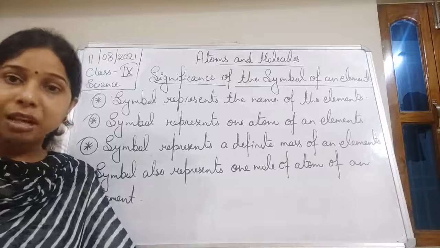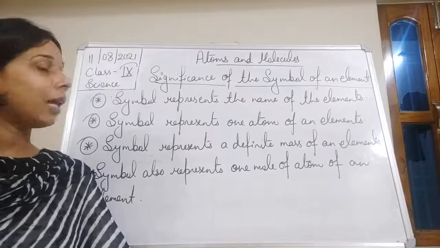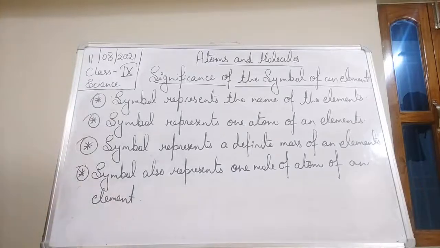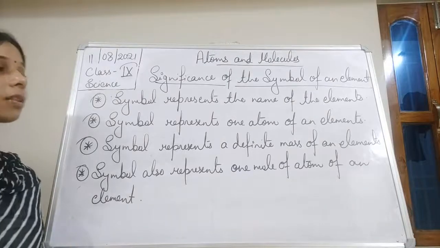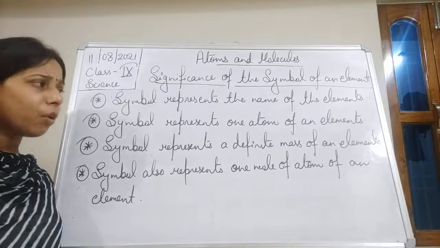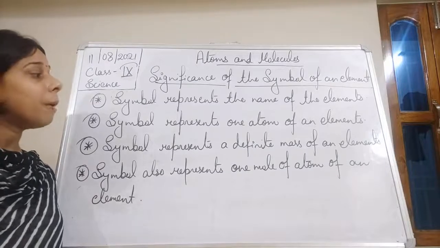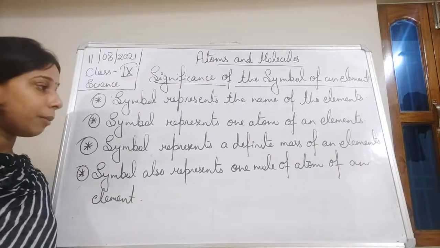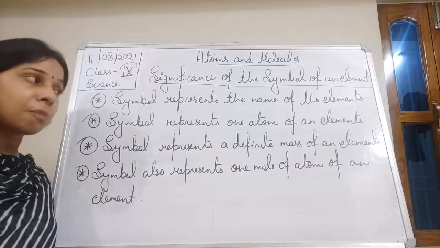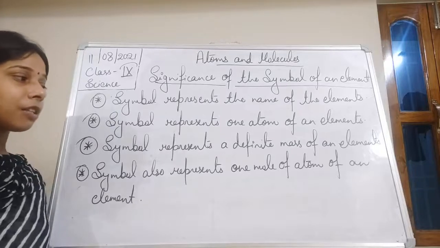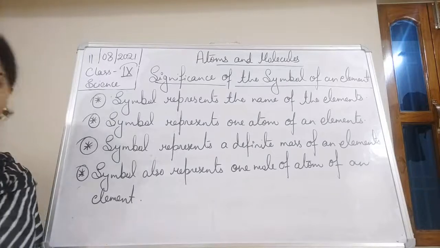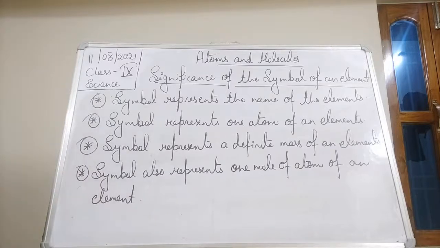What the element is can be represented with the help of the symbol. The second one, students, is that it represents one atom of the element. Obviously, if an element is made up of the same type of atom, that will represent one atom of the element. It helps in representing the definite mass of the element as well as one mole of atoms of an element.